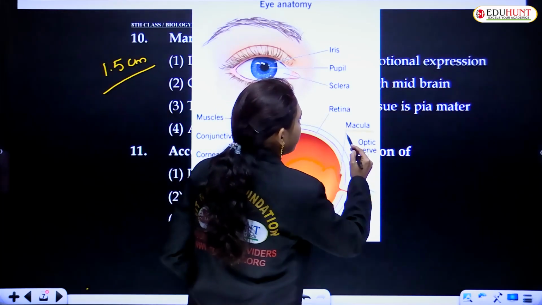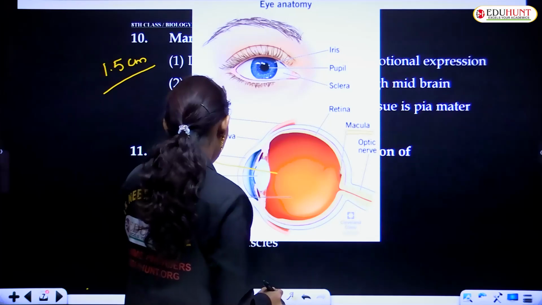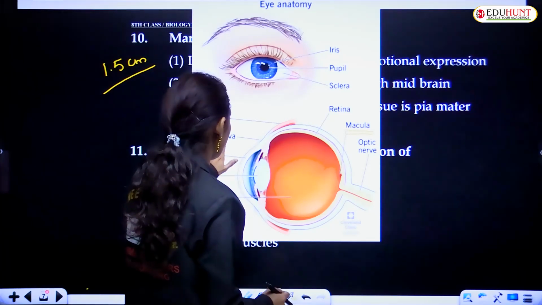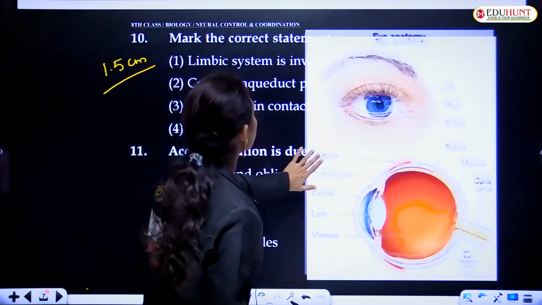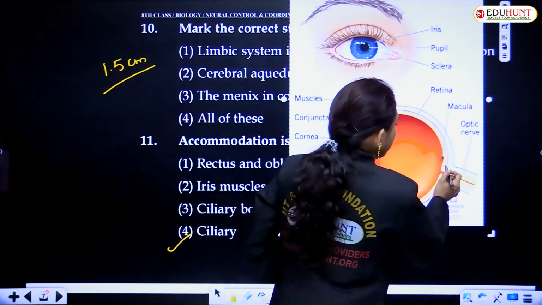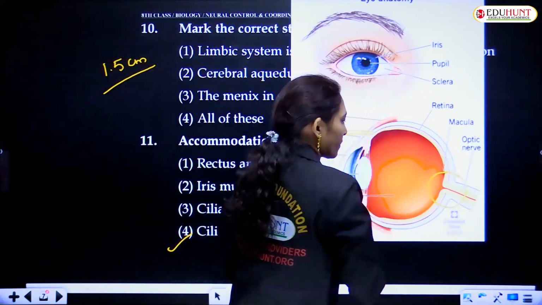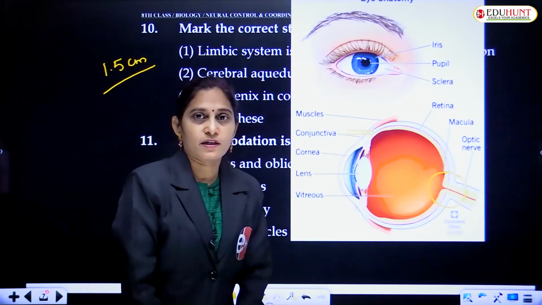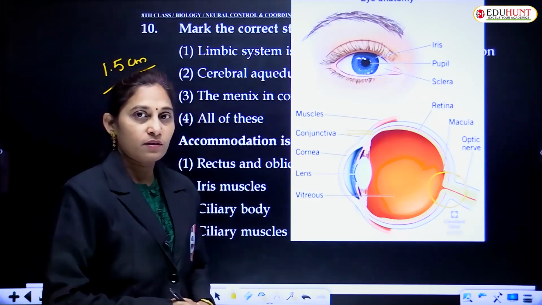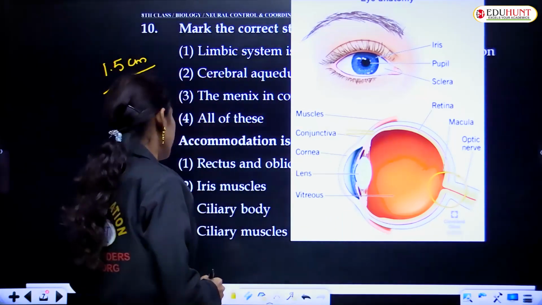This is the macula, which we were just discussing. And this is the blind spot, where rods and cones are absent and the optic nerve passes out from the retina.